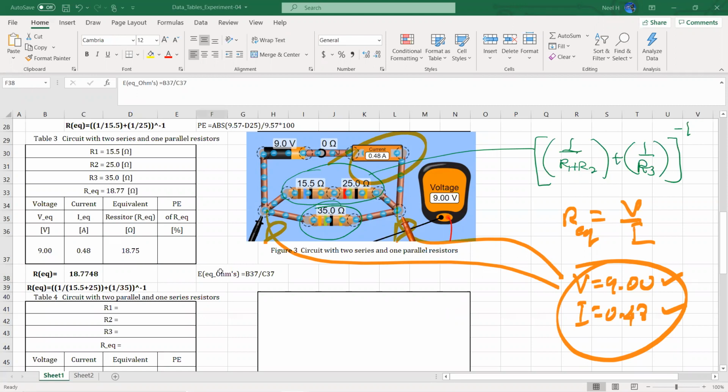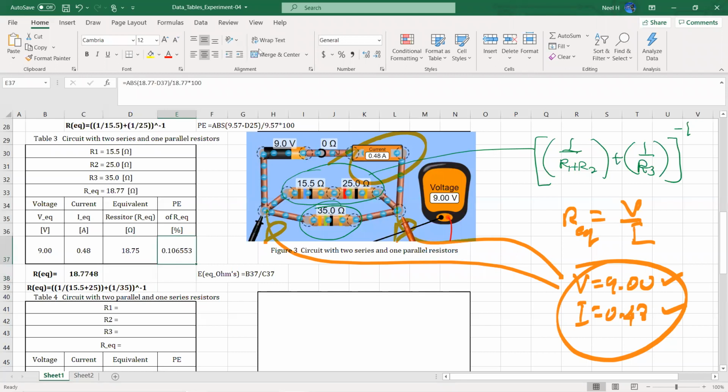All right, then let's compare those two like we did earlier. Equal sign, expected value 18.77, ABS, open brackets, 18.77 minus the experimental value, which is the Ohm's law point of view answer in D37, close brackets, divide by expected value 18.77, multiplied by 100.